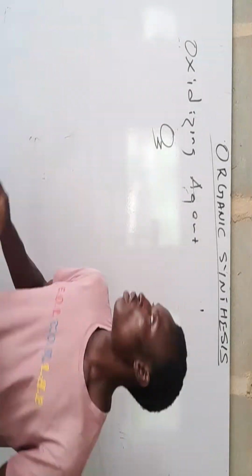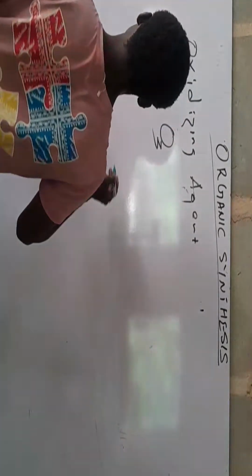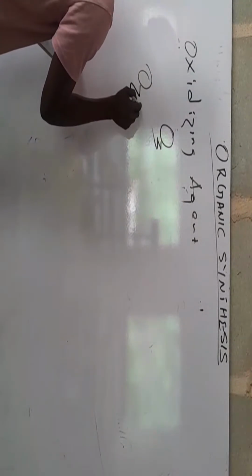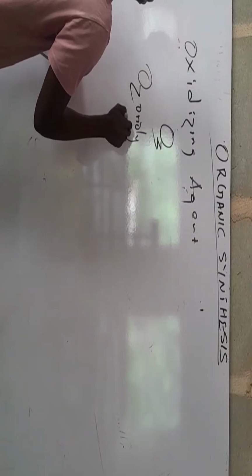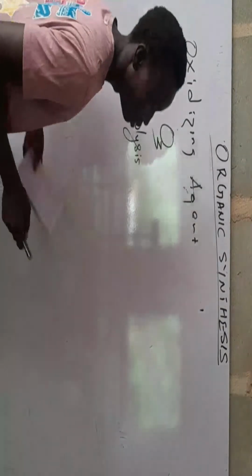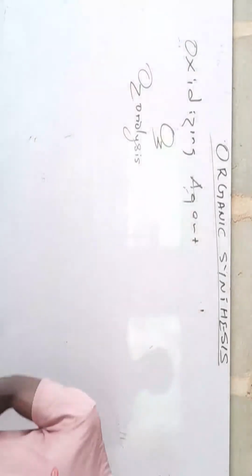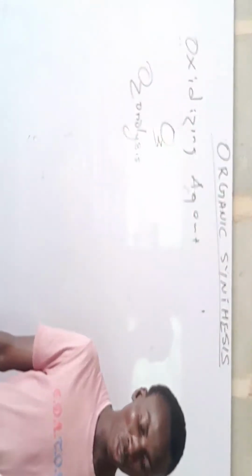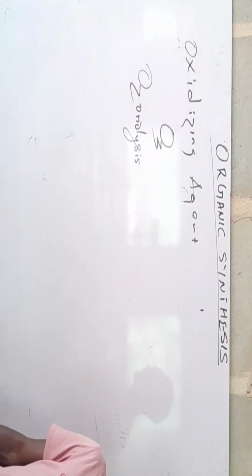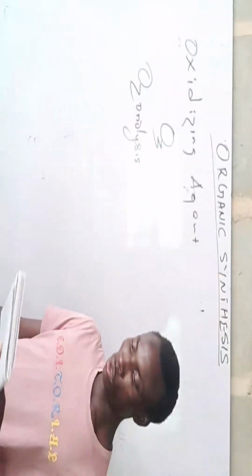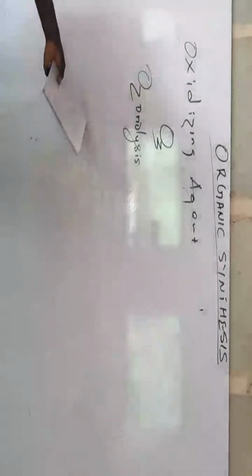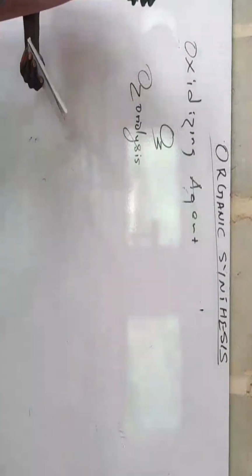Number one is what we call ozonolysis. Ozonolysis is the reaction between ozone and alkene to give an unstable intermediate that decomposes to an ozonide.